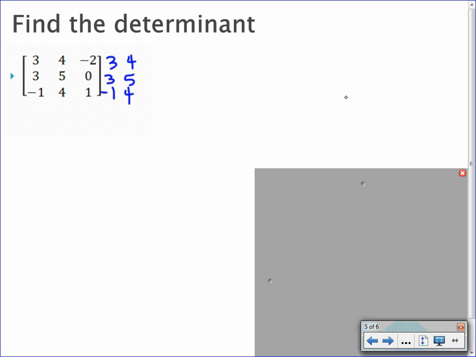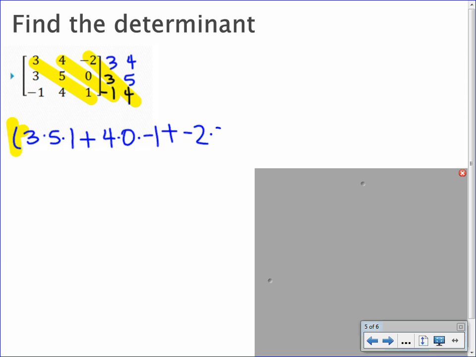Okay, so we need our criss products. So we have 3 times 5 times 1 plus 4 times 0 times negative 1 plus negative 2 times 3 times 4.